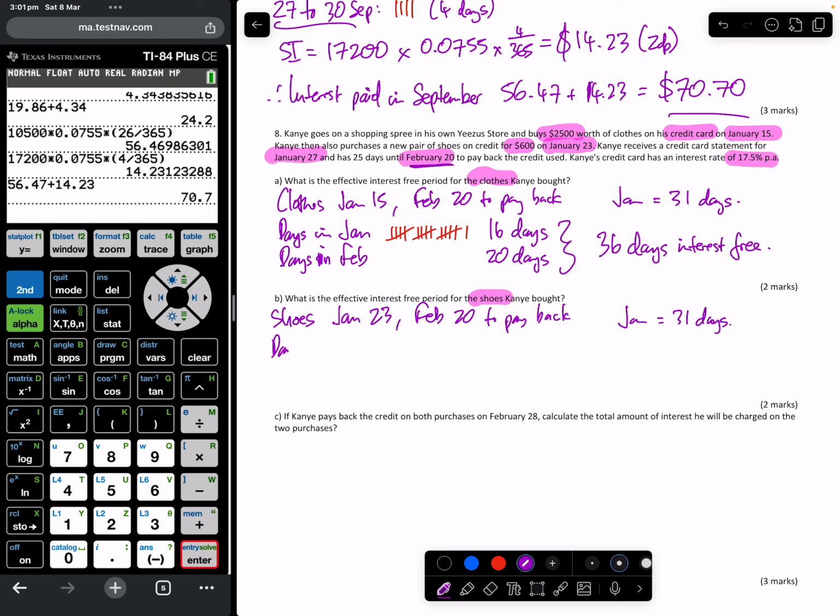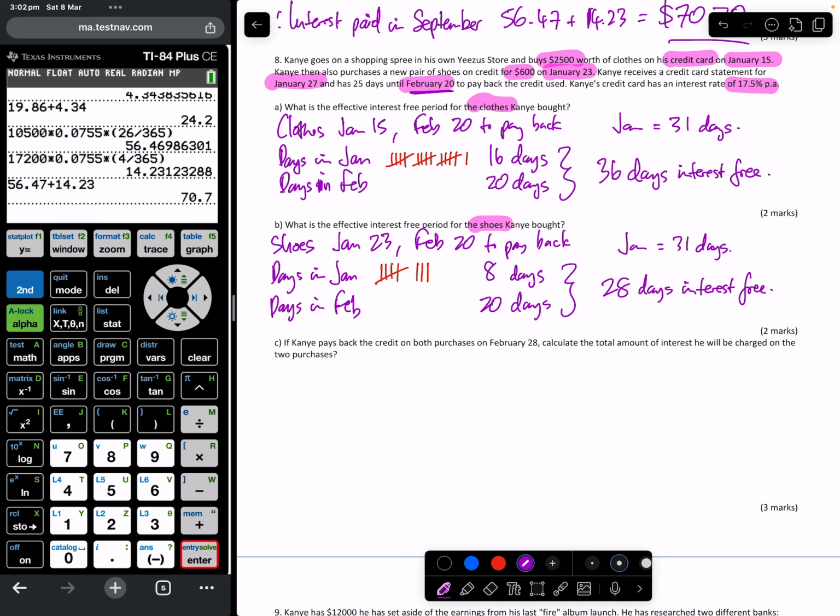So days in Jan, don't count the first day: 23, 24, 25, 26, 27, 28, 29, 30, 31. That's 8 days. And days in Feb is going to be 20 days. Therefore, 28 days interest free.